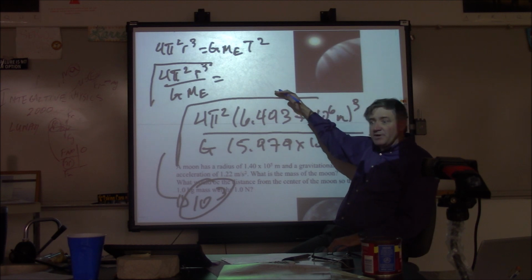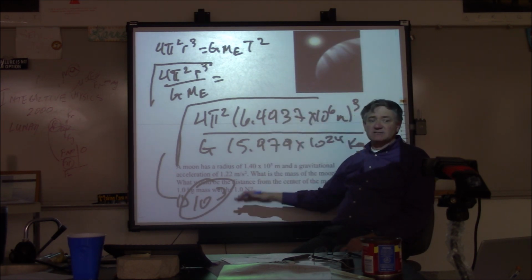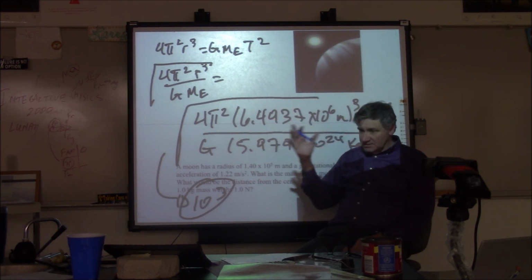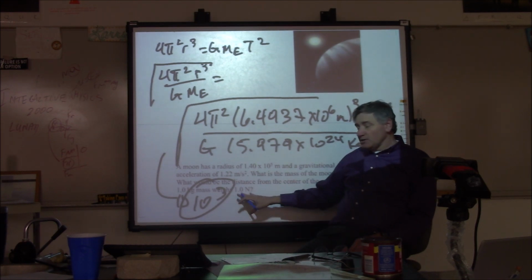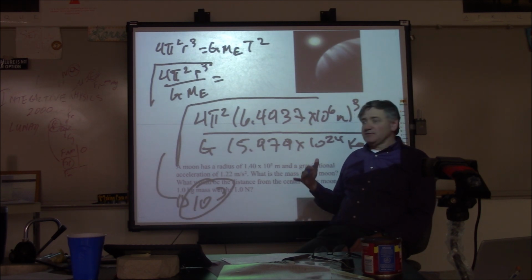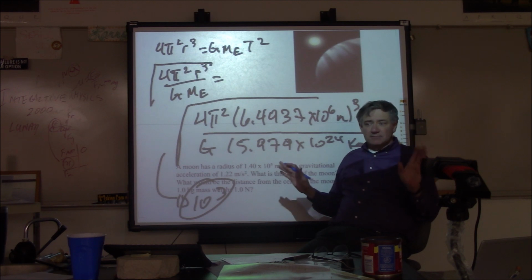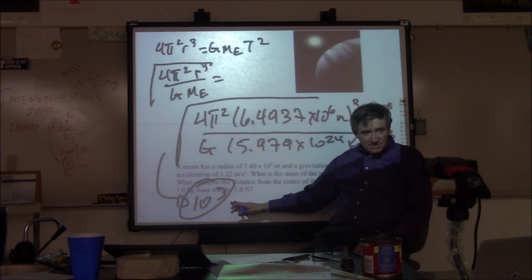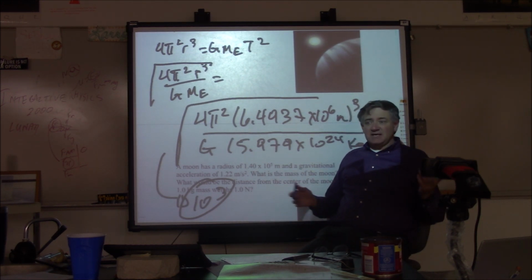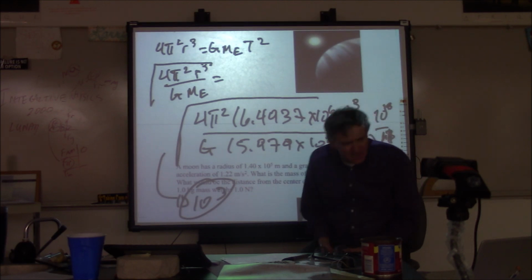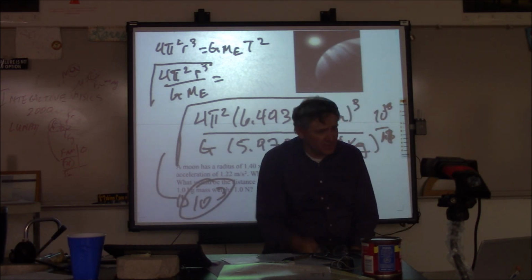Both your orbital periods and your velocities on your Earth orbit, it's the same thing with the moon, should be 10 to the 3rd. So if you do this calculation and you get like 10 to the 7th or 10 to the 8th seconds, train wreck, something's bad. Or worse yet, you get like 10 seconds. Think about this. You're going to orbit all the way around the Earth in like 10 seconds? No, it's not going to happen.